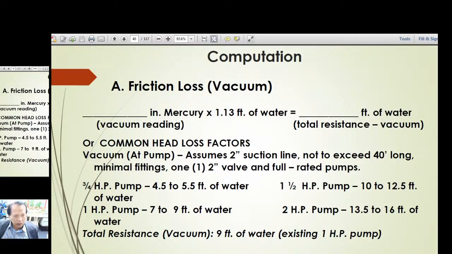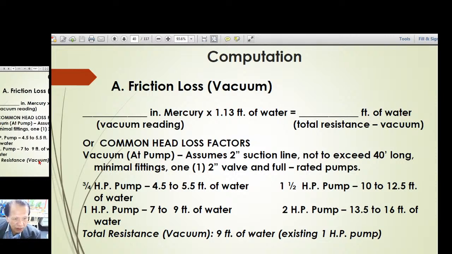A 3/4 horsepower pump is 4.5 to 5.5 feet of water, and a 1 horsepower pump is 7 to 9 feet of water. Or a bigger pump, 1.5 horsepower, is 10 to 12 feet of pressure of water, and a 2 horsepower pump is 13.5 to 16 feet of pressure of water.